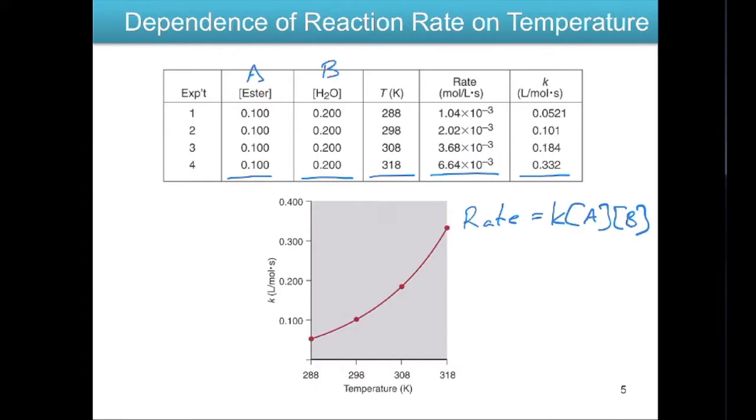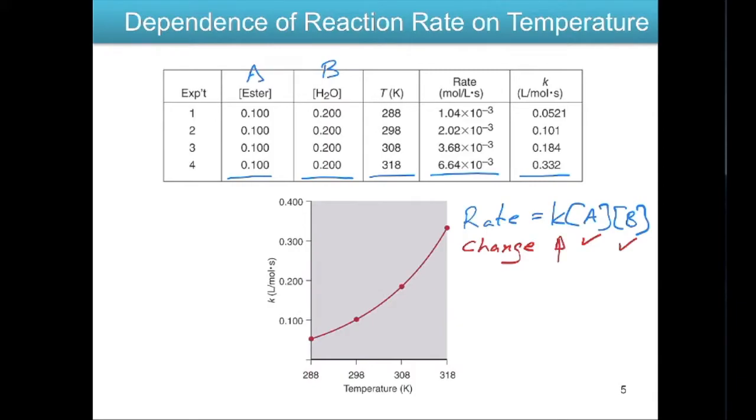The things that are remaining the same are the reactants, and we observe that the rate is changing, and the only thing on the right-hand side of the equation that can result in a change in the rate is if the rate constant is changing.